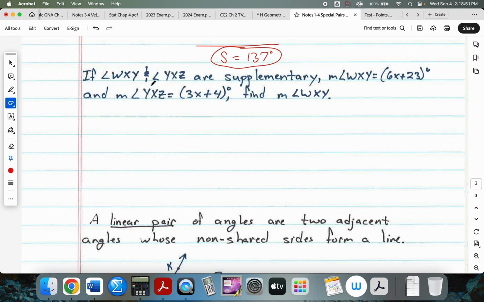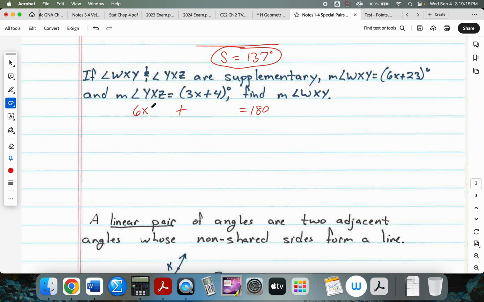All right. So here, they tell me these two angles, WXY and YXZ, are supplementary. They give me the measure of each one of them and ask for the measure of the first one. Anytime you see supplementary, that means we're going to add two things together and set them equal to 180.